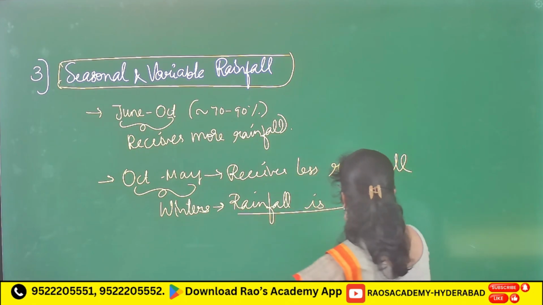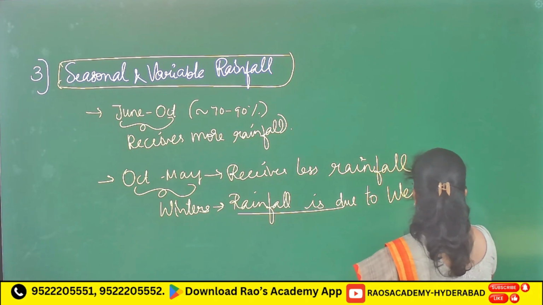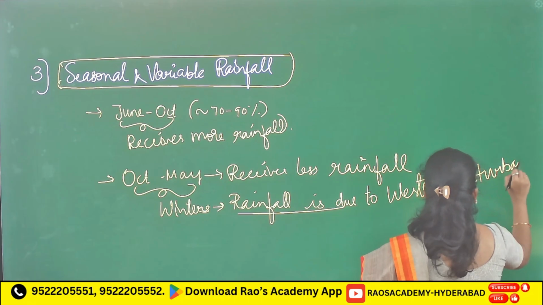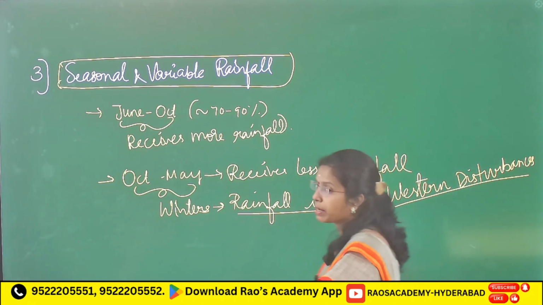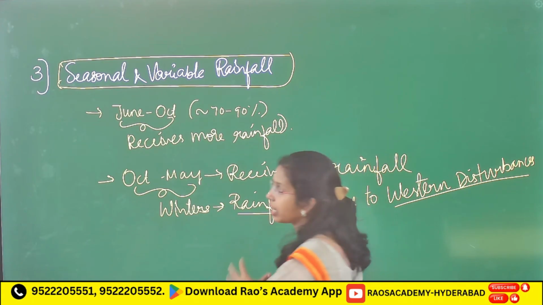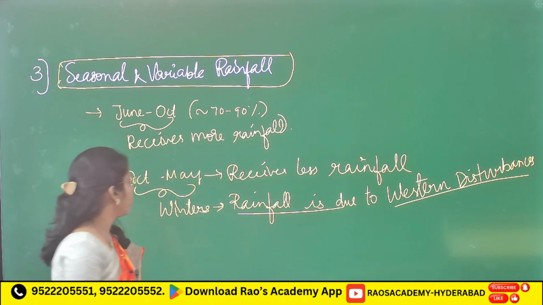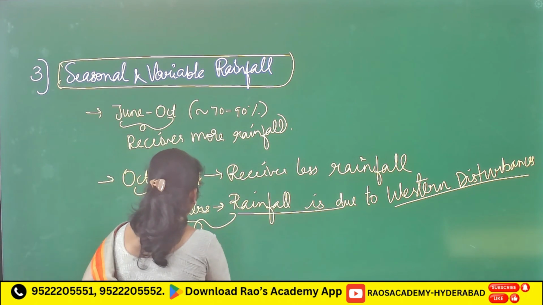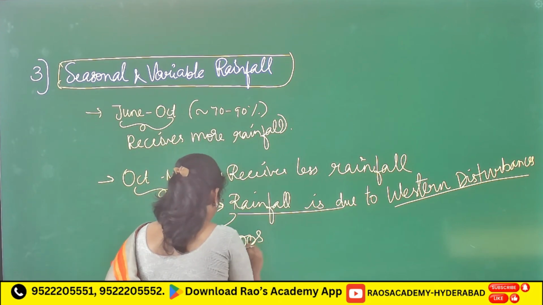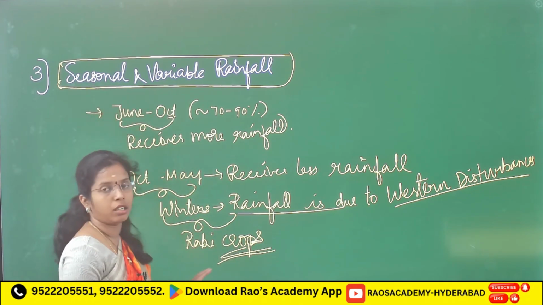So rainfall is due to western disturbances. In detail we are going to learn what are western disturbances in winter season, when we are learning about different seasons under Indian climate, and how these rainfall affect our rabi crops in North India. Clear?